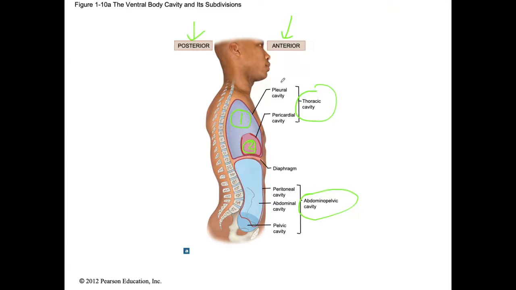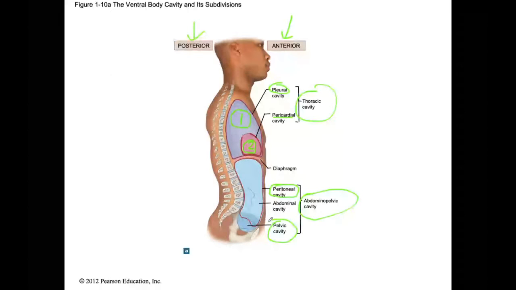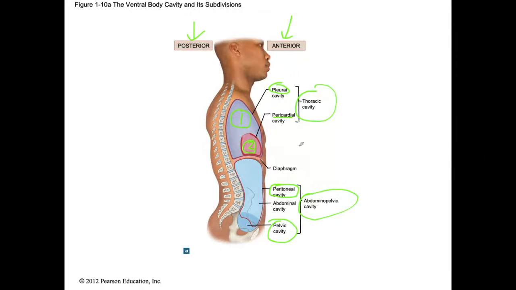Lungs we call pleural, and heart pericardial. For the abdominal pelvic, we're going to focus on the peritoneal cavity, which is where most of our digestive organs are kept, and then the pelvic cavity for the reproductive portion. All of these fall within the anterior chamber.